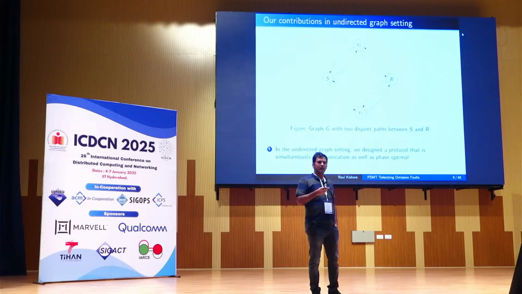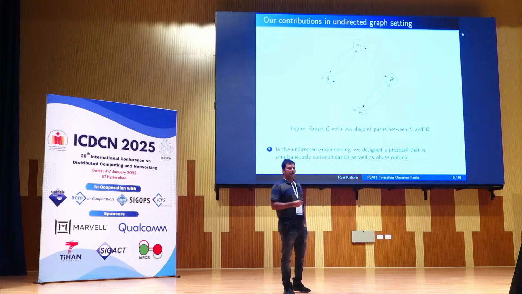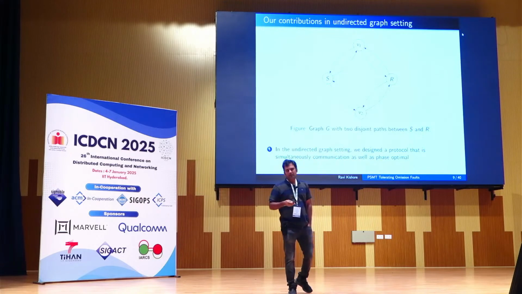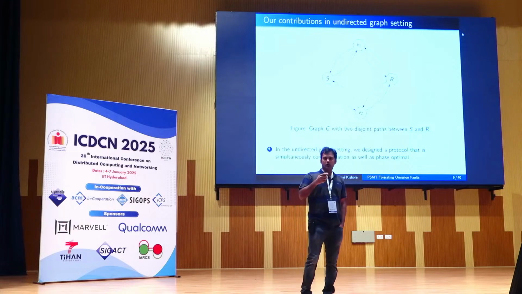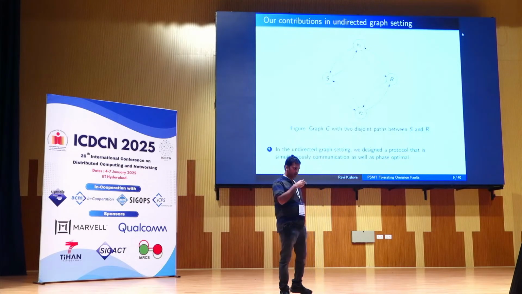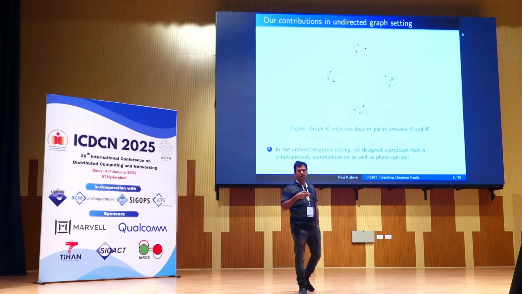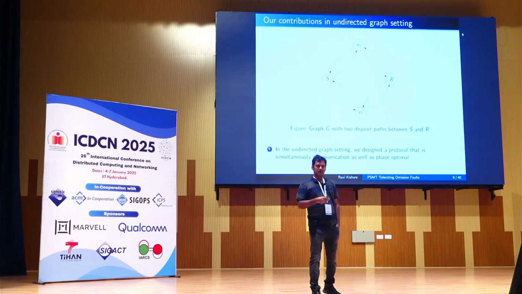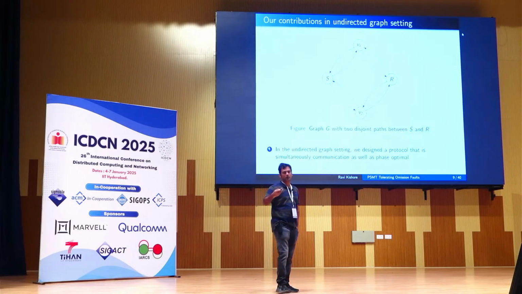That means if A can communicate with B, B can always communicate with A. In this setting, optimal protocols exist in the literature. However, the best known protocol runs in 4 phases. Here, when we restrict to the omission case, we are able to design 2-phase protocols, at the same time guaranteeing that these protocols are communication optimal.